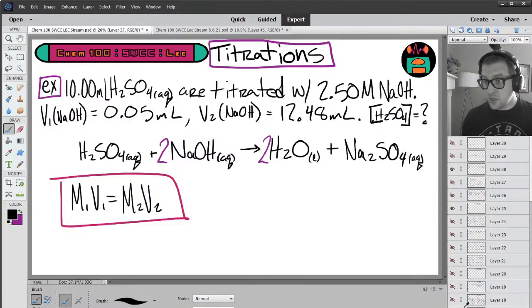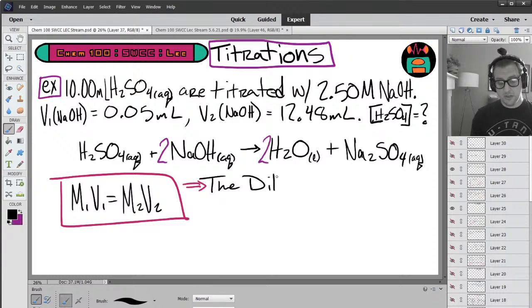Now, this is for dilutions, not titrations. And the thing is, it only works sometimes, which is what I'm here to warn you about. I'll tell you when it works and when it won't, so you can use it intelligently. But just be careful.